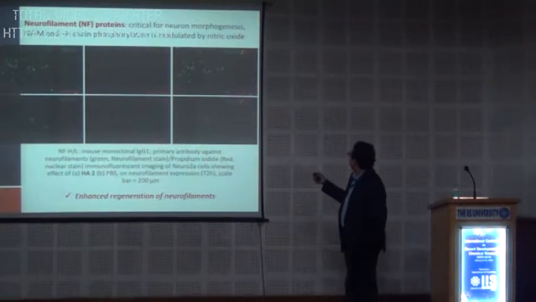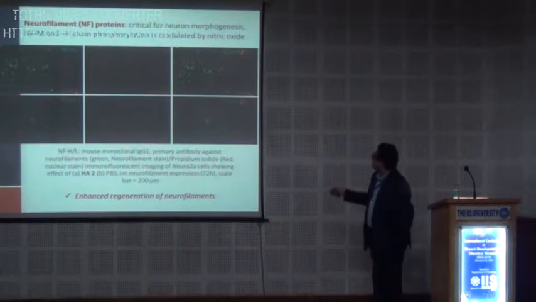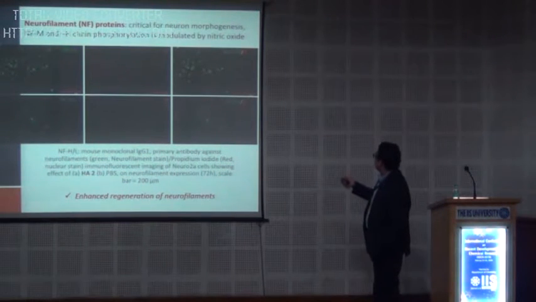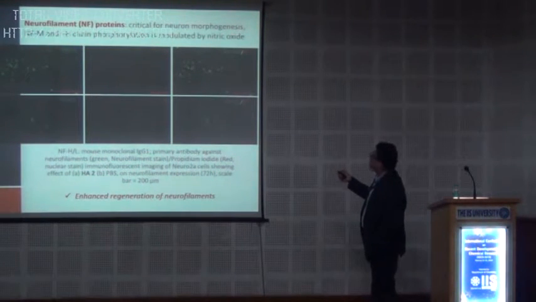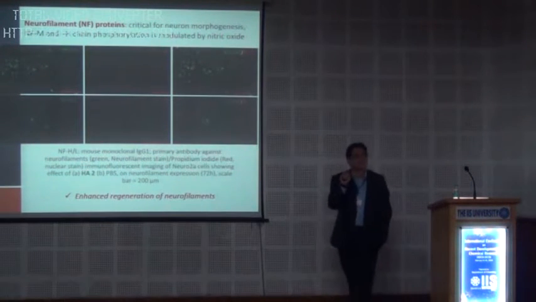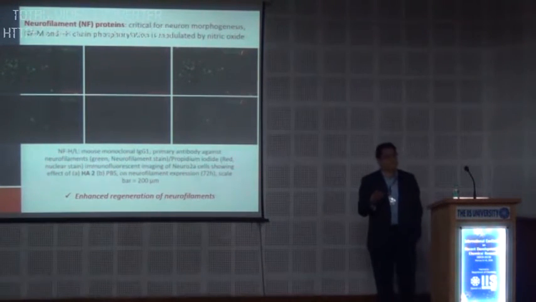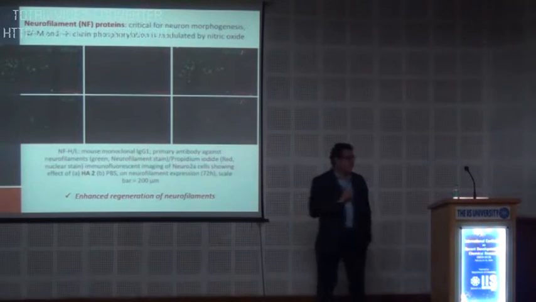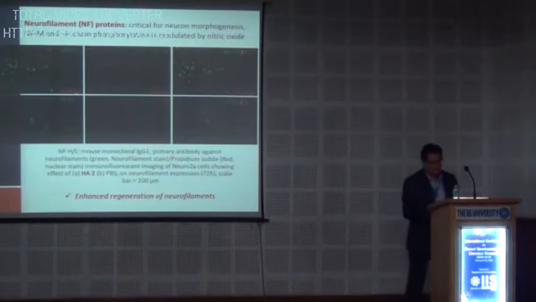If you just focus here, we have stained the nucleus with propidium iodide, and the rest of the proteins are stained by the neurofilament antibody. So the comparison between this panel and this panel shows you more fluorescence output. It means the compound which is releasing nitric oxide is offering you more fluorescence. Proteins are overexpressed, and you are able to stain them and observe under a fluorescent microscope.